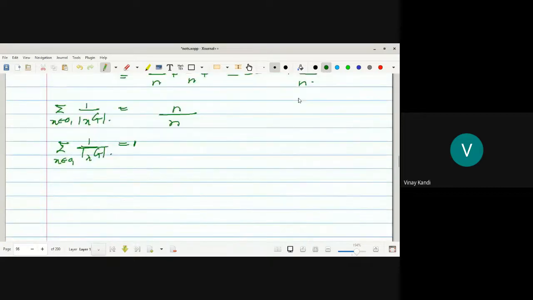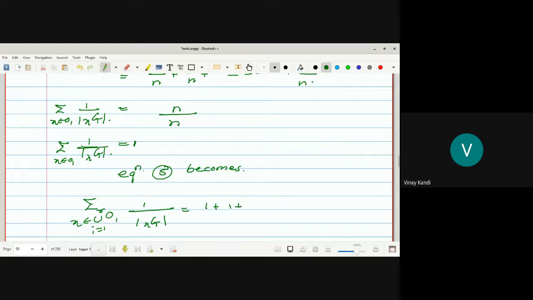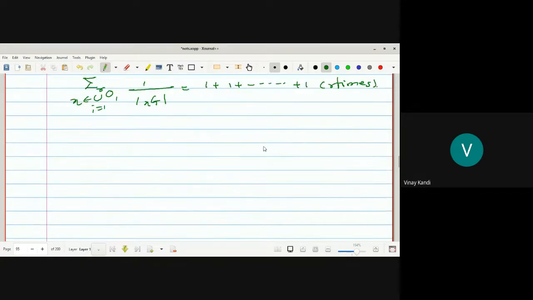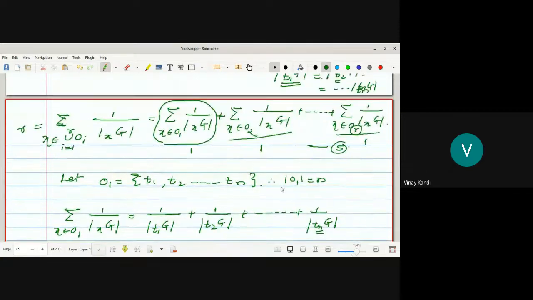Okay. Right now, equation 5 becomes summation x belongs to union i is equal to 1 to R of Oi, 1 upon xg is equal to 1 plus 1 plus up to so on 1, R times, which is equal to summation i is equal to 1 to R of Oi, 1 upon order of xg is equal to R. So this implies equation 4 becomes, okay, this is equation 5.